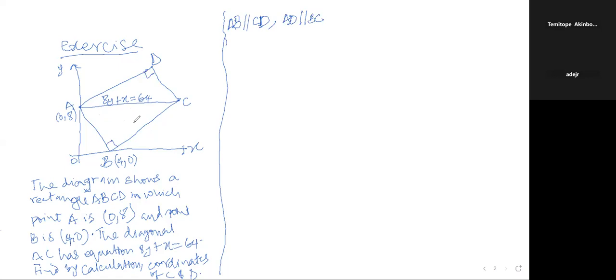All the corners are perpendicular, and that suggests to you that line AB is perpendicular to line BC. Also, line AD is perpendicular to line CD.